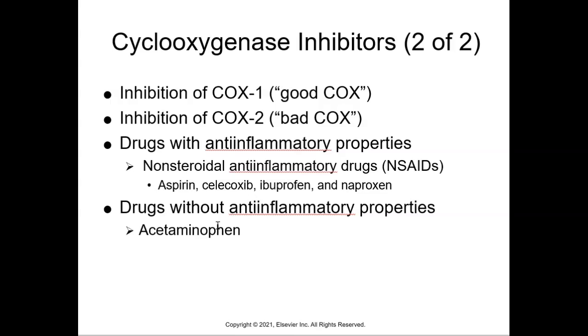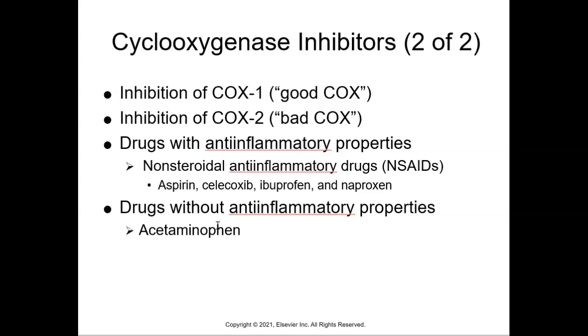So we know that NSAIDs can be very, very effective for anti-inflammatory and pain, but we worry about these side effects that could be happening because of COX-1 and COX-2. We know there's a role for aspirin to be very beneficial and safe to use, and it can prevent and treat cerebrovascular and cardiovascular disease, right?